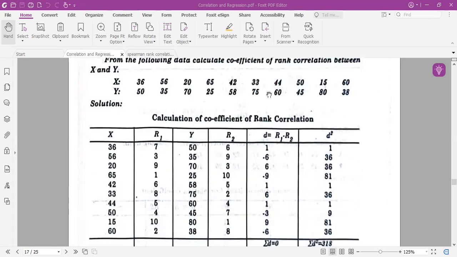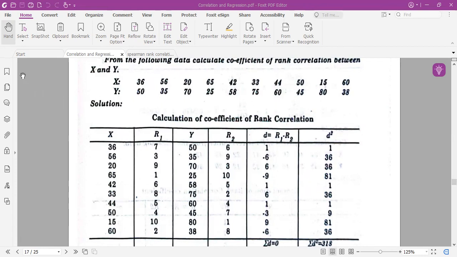The values of x, 36, 56, 20, 65, are actual numbers. But in rank correlation, you cannot use numbers, you have to use the ranks. So you have to rearrange these numbers in descending order, then calculate the ranks.